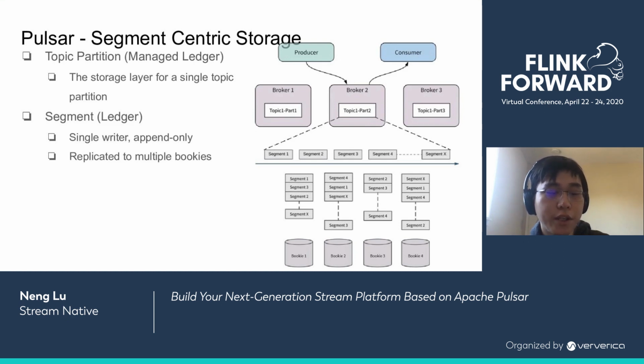For each ledger, there's only a single writer, and it's append only. Either you successfully close that segment, or you meet some exception and it fails. The ledger and the segment will then be closed and a new one started. And it's also replicated to multiple bookies to provide fault tolerance.